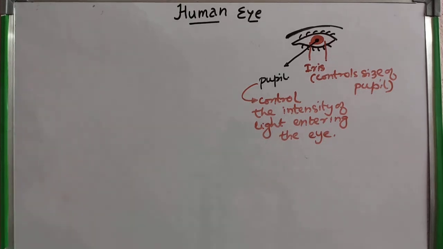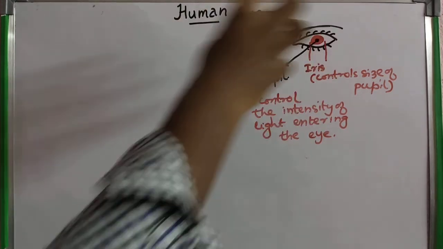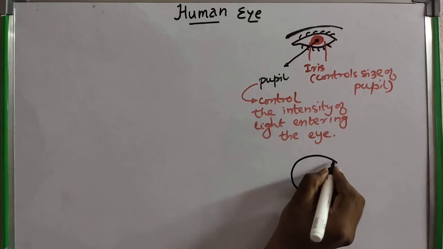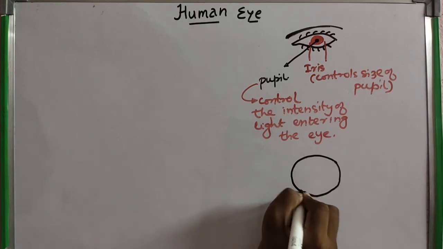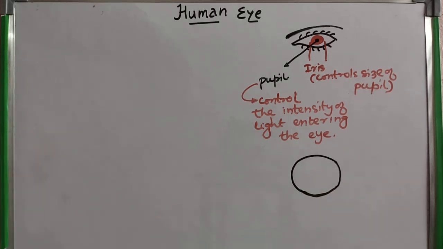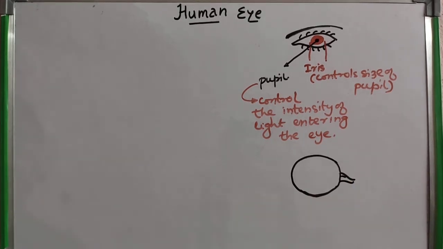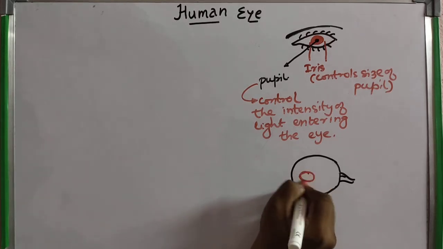Let me show the same picture. If I take the eye outside, how does it look? The eye would look like an almost perfect spherical ball, and on it we have our iris.